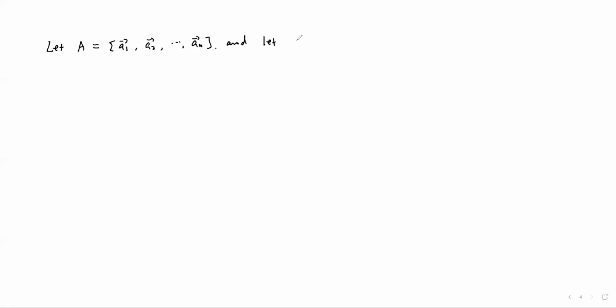Let W be the space spanned by the columns. That means W is the column space of A, by definition: W is spanned by the columns.